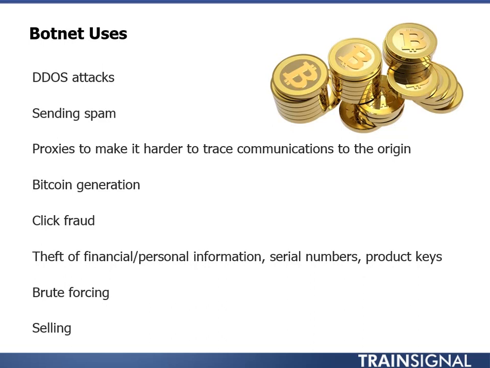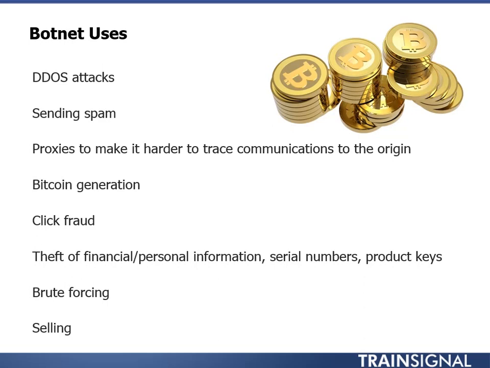So why don't we all just run Bitcoin software and generate money? Well, it actually costs more in computing power and electricity to generate Bitcoins than the Bitcoins are worth. So it doesn't make financial sense to do that unless it's somebody else's computer and electricity. So you can get a botnet with 20,000 computers and run Bitcoin generation software on them, and you'll actually be making a profit on it. Somebody else will be paying. It's basically like every computer owner in the botnet is paying money into their electric bill that you're taking out in the form of Bitcoins.